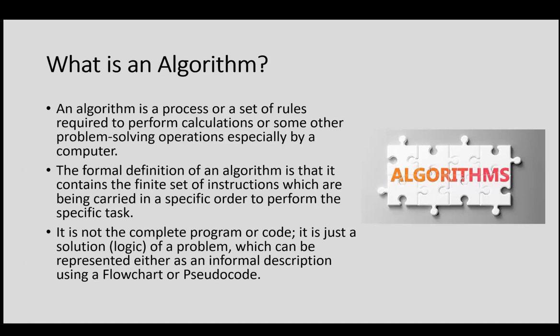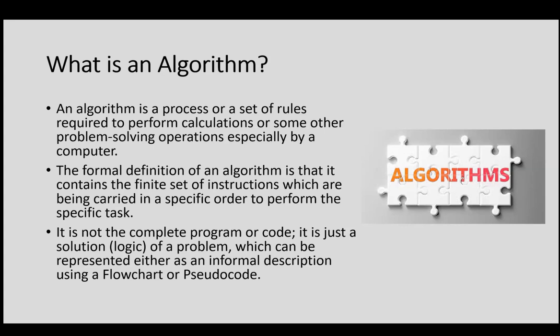Your goal is aligning all the colors in that Rubik's cube in a proper manner. You want to arrange it. It's not a calculation, but you want to reach a goal. To reach a goal, certain steps are to be followed one after another. If you miss out one step, it won't allow you to reach that particular goal. So that's nothing but an algorithm, a set of rules, a step-by-step procedure.